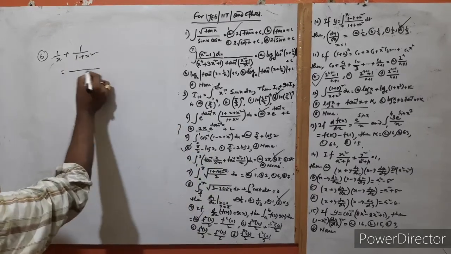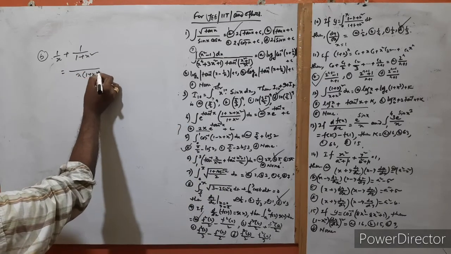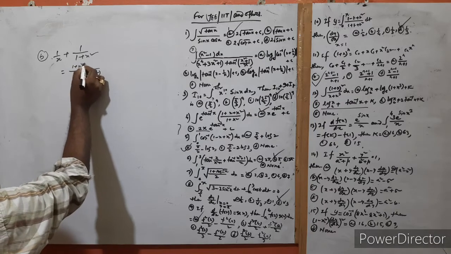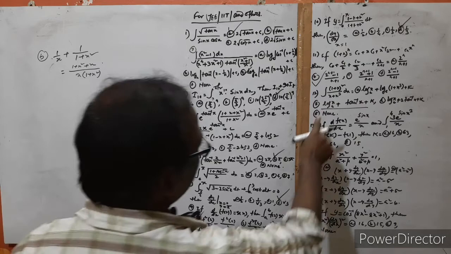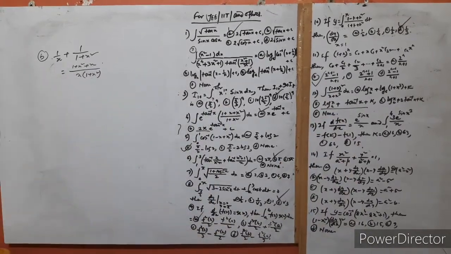If we take x into 1 plus x square, we get 1 plus x square plus x, but we don't get a whole square, so not possible.